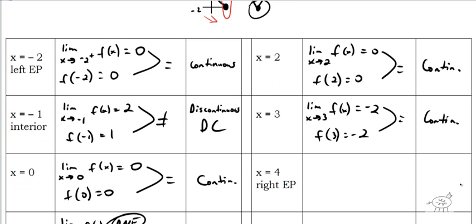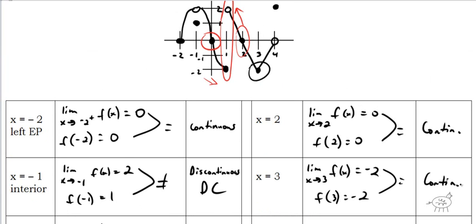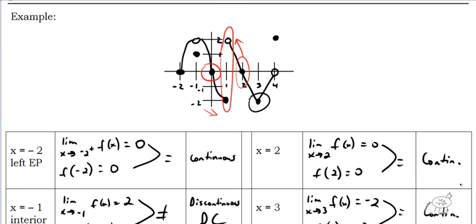Let's go to x equals 4. It's a right endpoint. So remember, it's a right endpoint, so we're only doing a one-sided limit. So we're right over here, coming from the left-hand side, and that has to be equal to f of that value. Well, isn't f of that value where the solid dot is? So they're not equal.